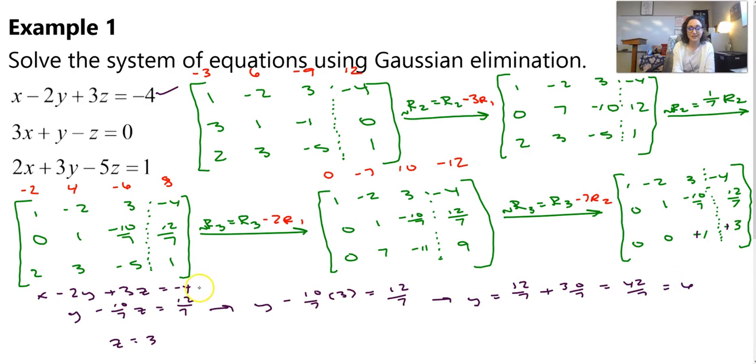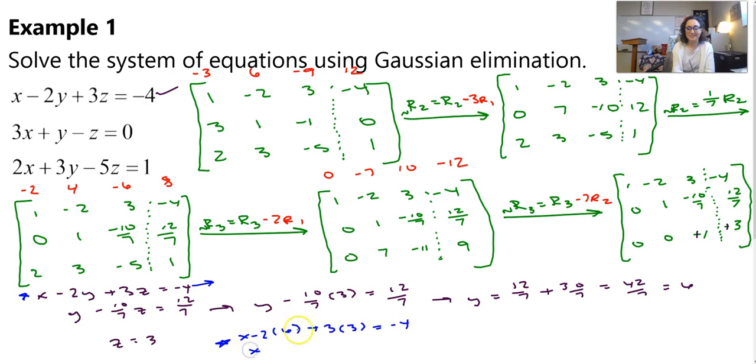And then finally I can come find x, okay? So x, let's bring it over here. Running out of space. So I have x minus 2 times y, which is 6, plus 3 times z, which was 3, equals -4.